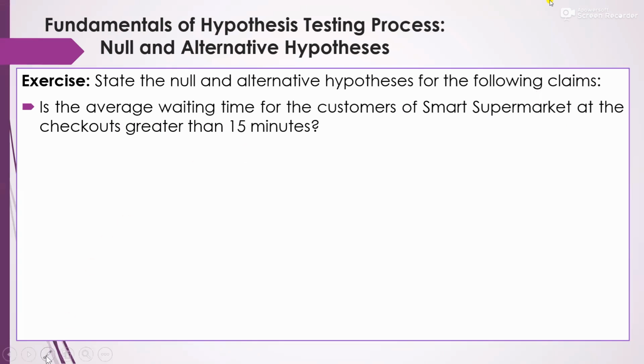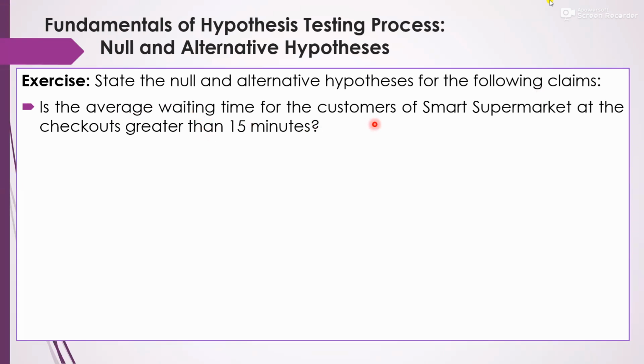Right. So now, first you have to identify what is the parameter related to in this statement. Here, it is average waiting time. Always, it is a time, it is measurable, so the appropriate parameter is the mean. So the parameter is the mean.